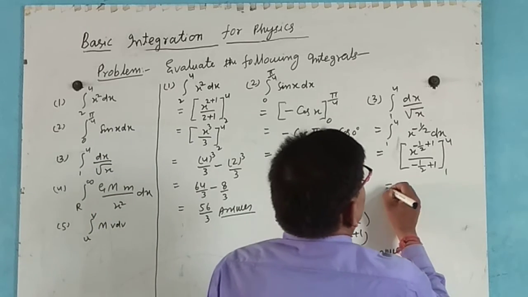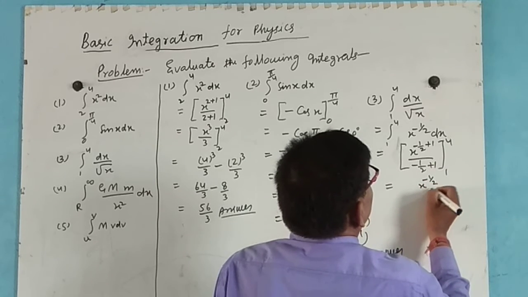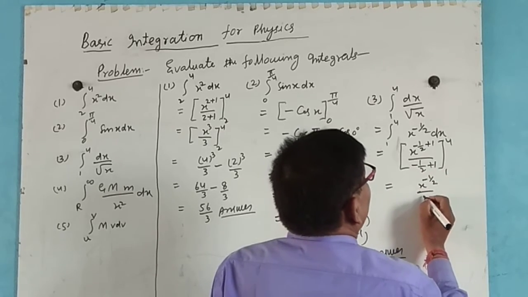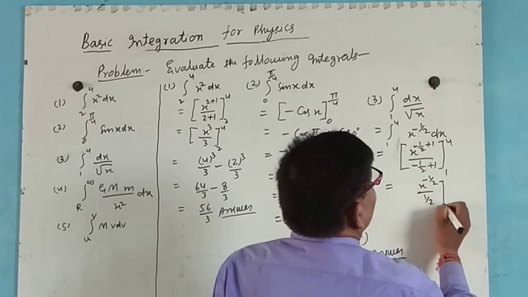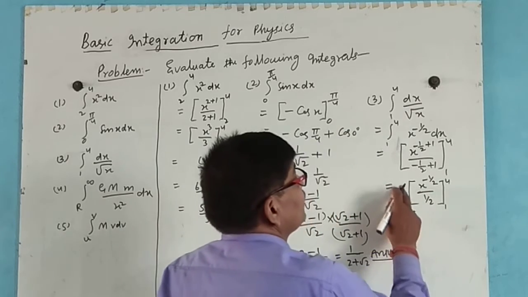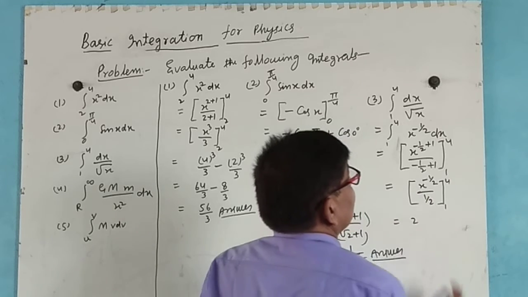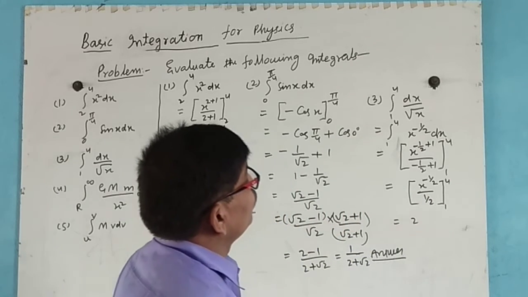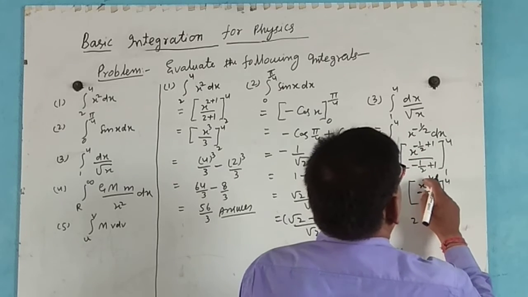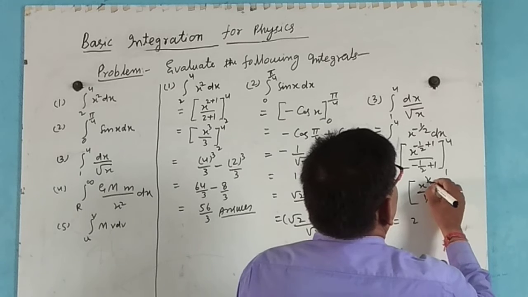This can be written as x to the power minus half plus 1, that is x to the power half, divided by half, and the limit will be 1 to 4. The 2 comes here, and 1 minus half is plus half.